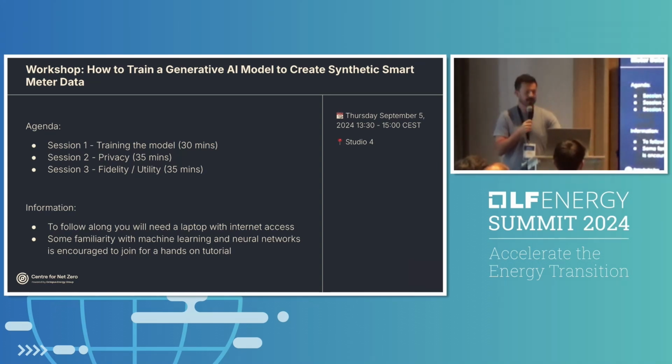So the first section is going to be around training the model. And then we're going to look into privacy, and especially differential privacy, which plays a huge part in the analysis we did. And then we're going to touch on the fidelity and utility aspects at the end. It's in Studio 4 at 1:30 if you need reminding.